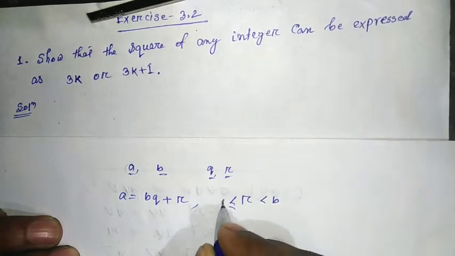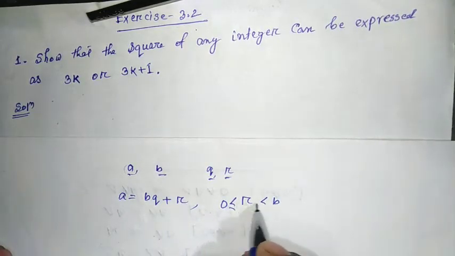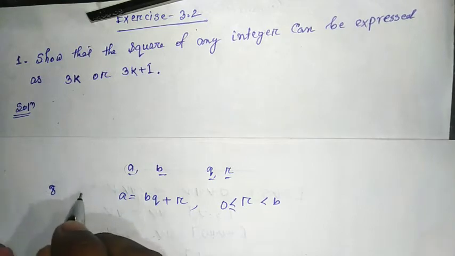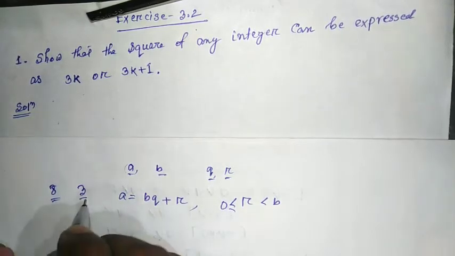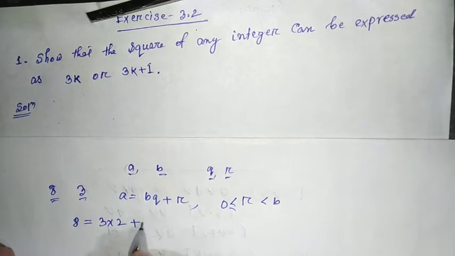That means r can be 0, or greater than 0 but less than b. Suppose for two integers 8 and 3, a is 8 and b is 3, we can write 8 is equal to 3 into 2 plus 2. That means this first 2 is q and this second 2 is what?